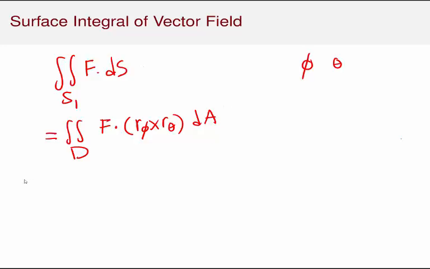So expanding this double integral, we replace dA by d phi d theta, where theta is bounded between 0 and 2 pi, and phi takes on the interval from 0 to pi over 4.